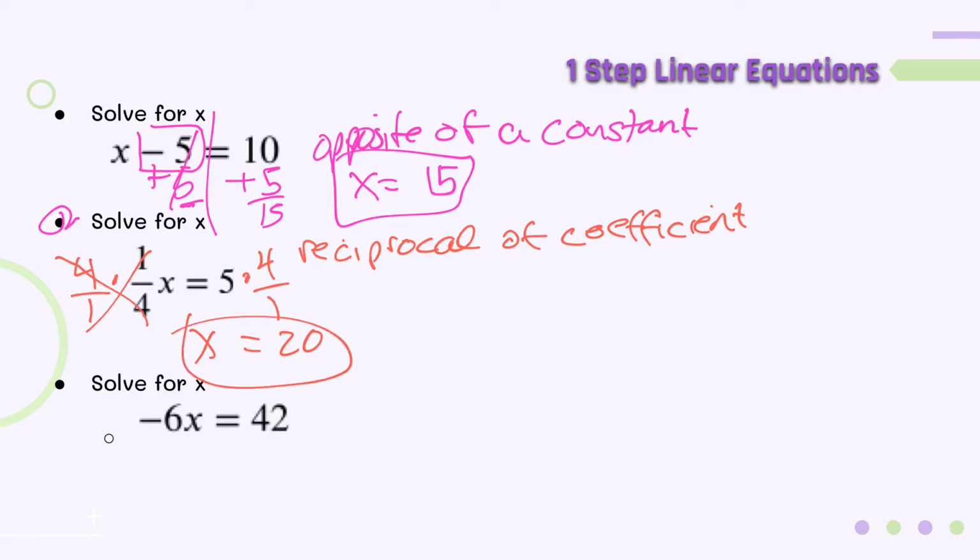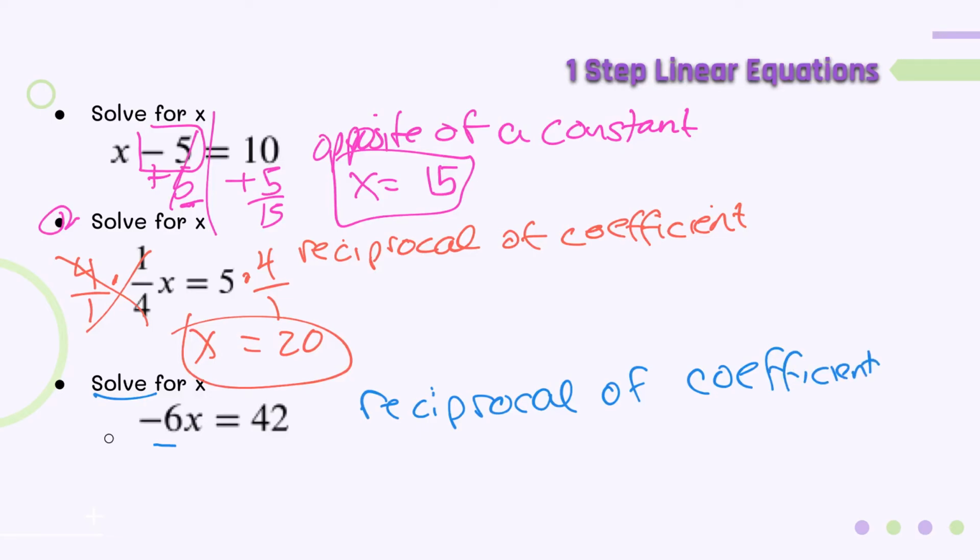So for this example, solve for x, negative 6x is equal to 42. I'm going to do the same, the reciprocal of my coefficient. Okay. Then my reciprocal of negative 6 is negative 1 over 6. So I'm going to multiply by negative 1 over 6.